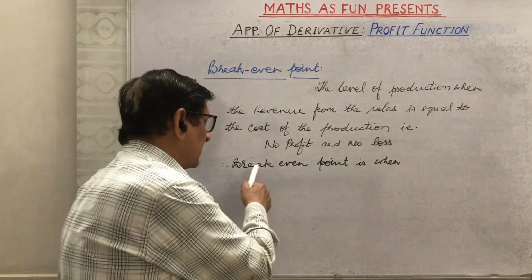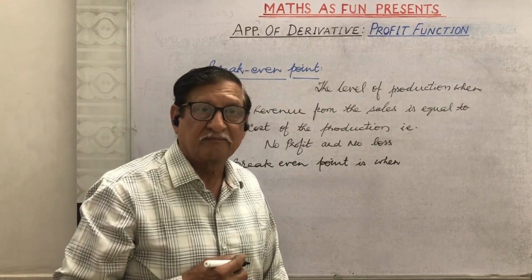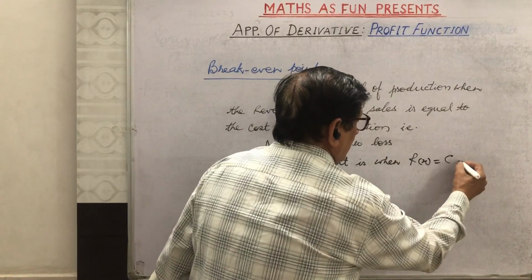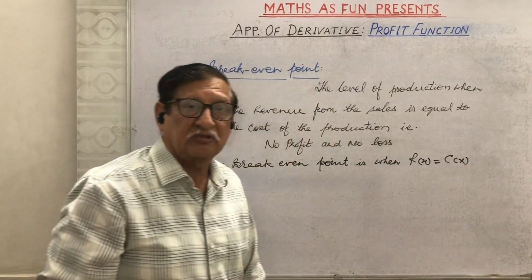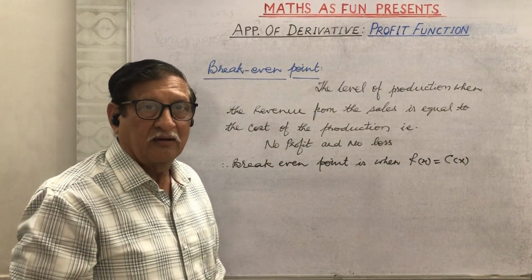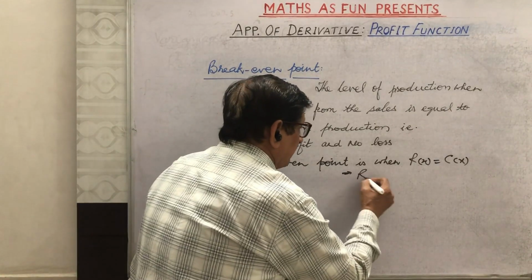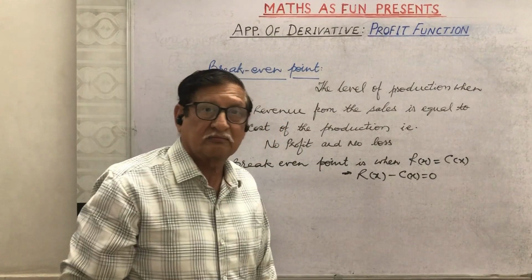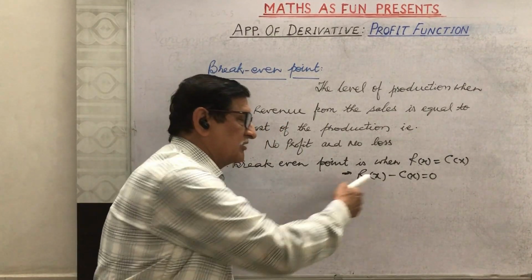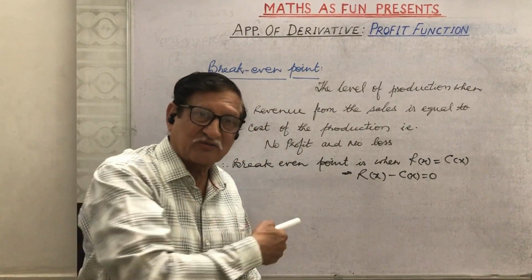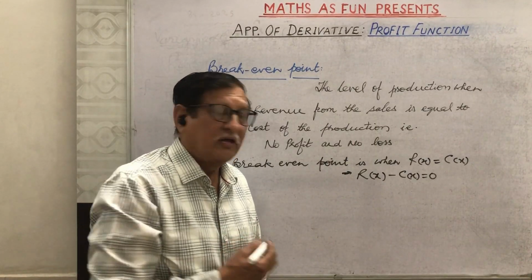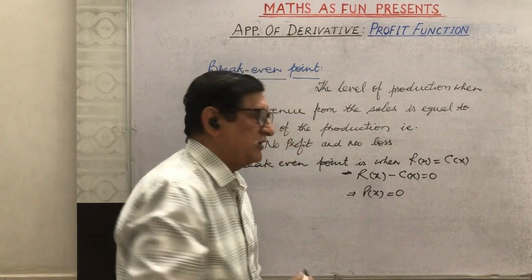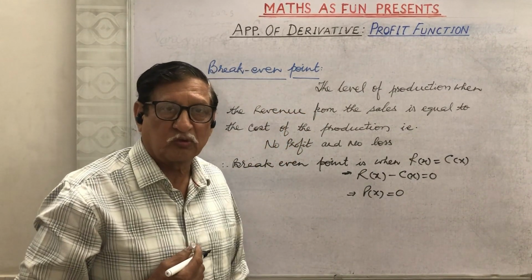It means break-even point is when R(x), the revenue function, is equal to the cost function C(x). It means R(x) minus C(x) is equal to 0. And R(x) minus C(x) is the profit. So in that case the profit function P(x) is equal to 0.